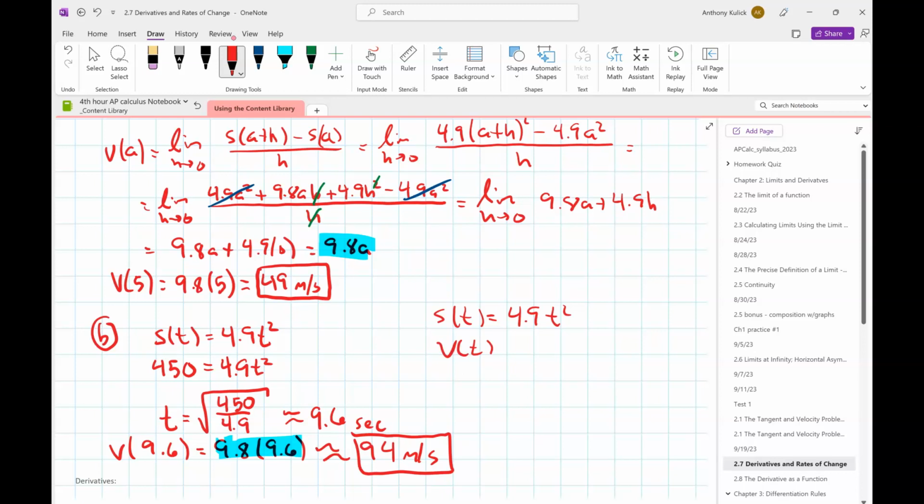V of t would be 9.8 t. Right? So they're different functions. But the time when the position is 0 will give you the velocity when the position is 0, right?